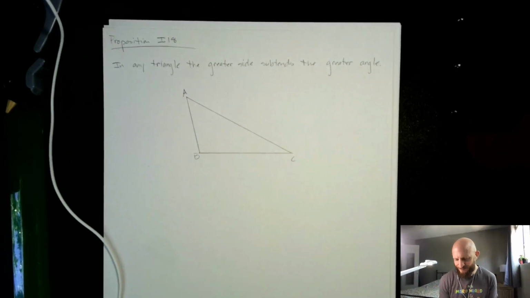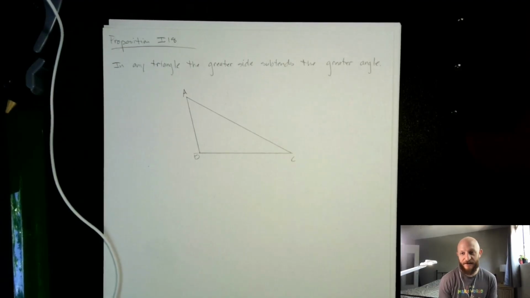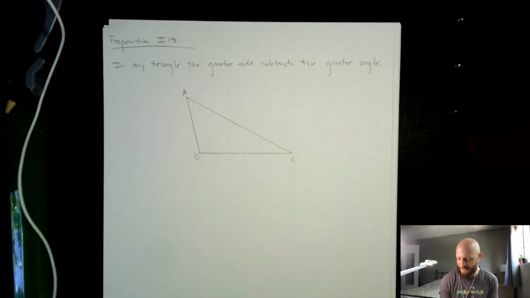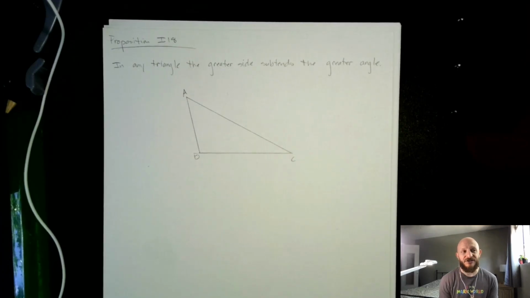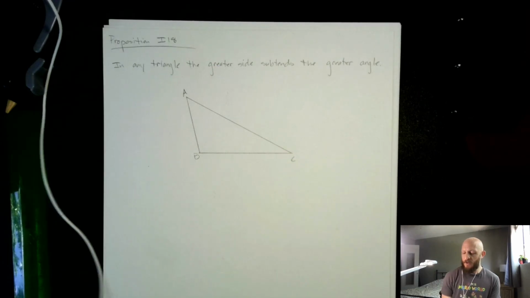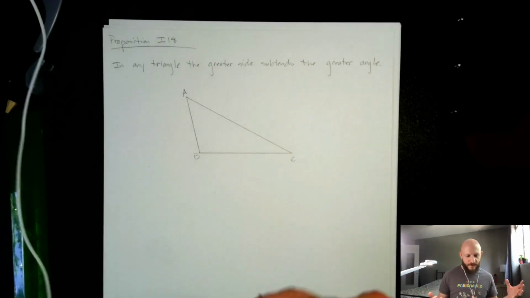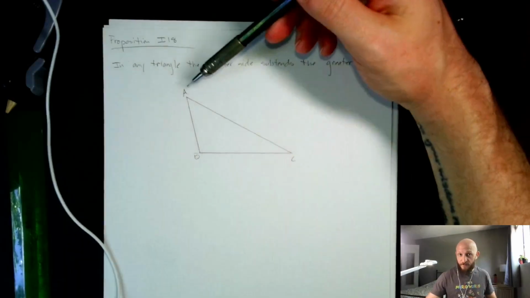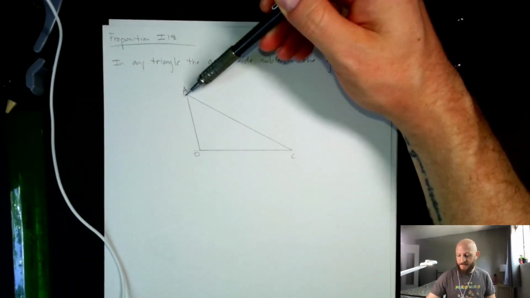Okay, Prop 18 says, in any triangle, the greater side subtends the greater angle. What that means is that in any triangle, if you take two sides, whichever side is longer is going to be opposite the larger angle. Take, for example, in this triangle, AC versus AB.